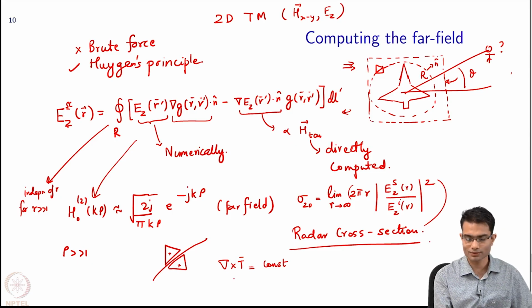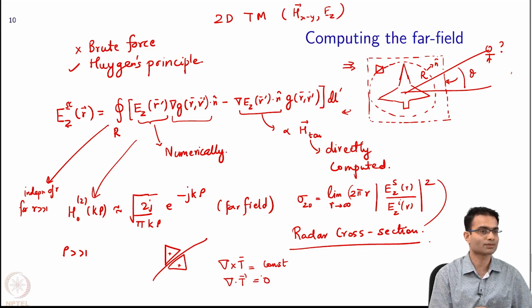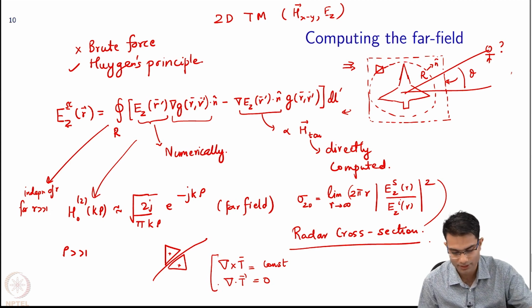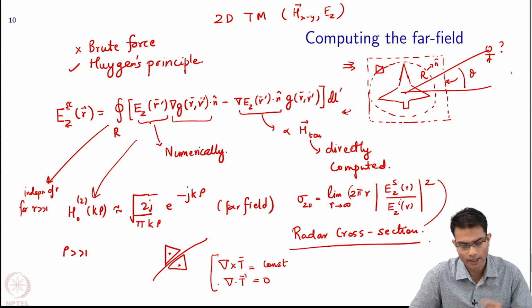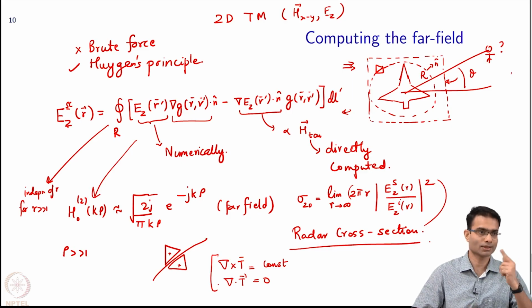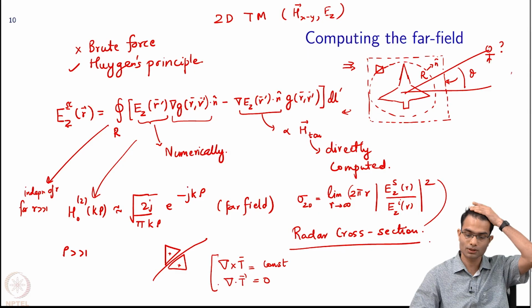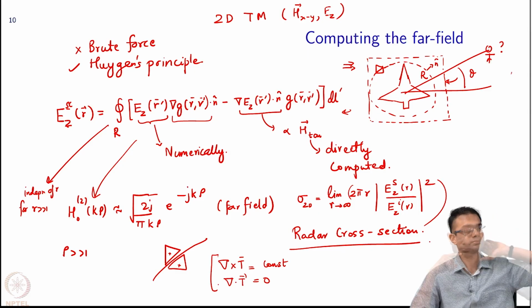And another very interesting thing about these basis functions, if you do this, you get 0 for the basis functions we are using. So we'll work this out in an assignment. Take any one of them. A single basis function has these properties. Curl of t is constant, divergence of t is 0. All right.